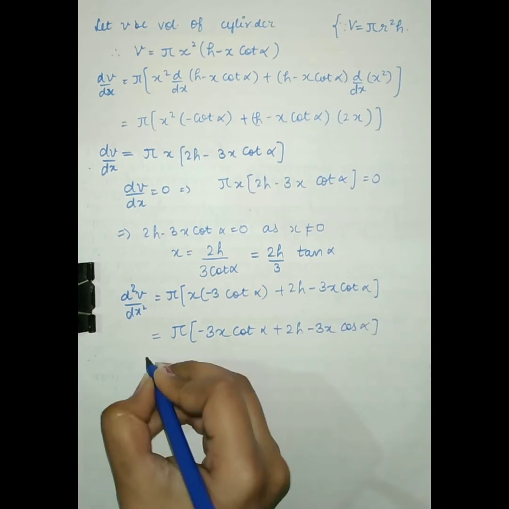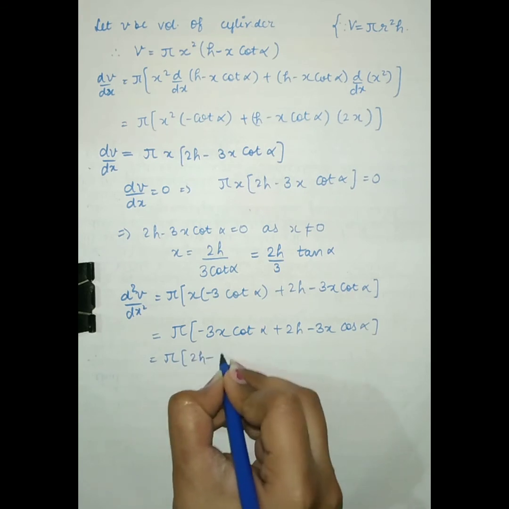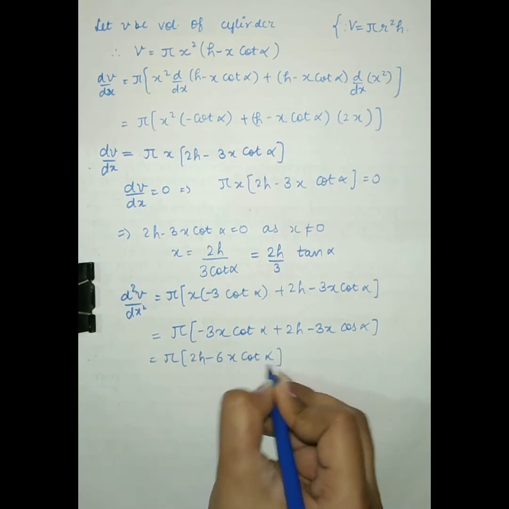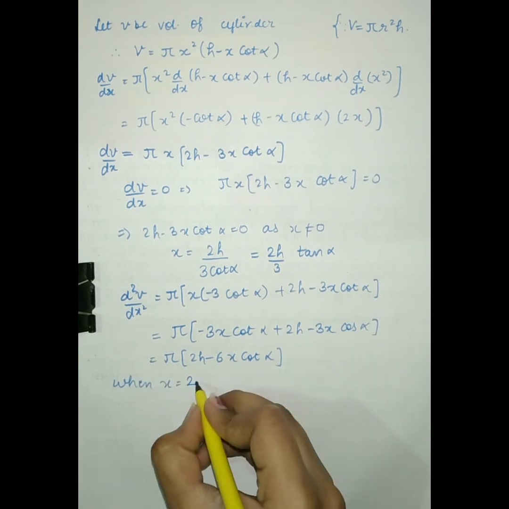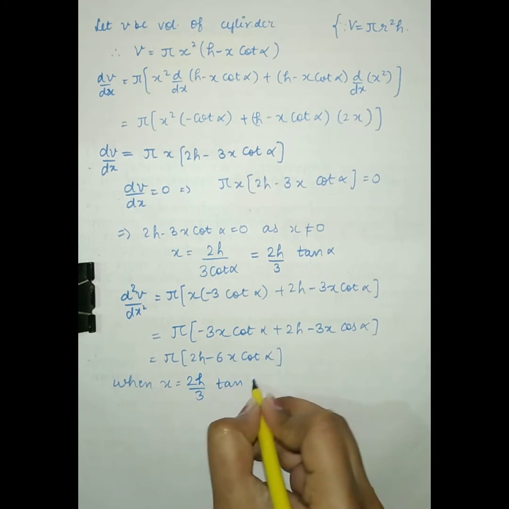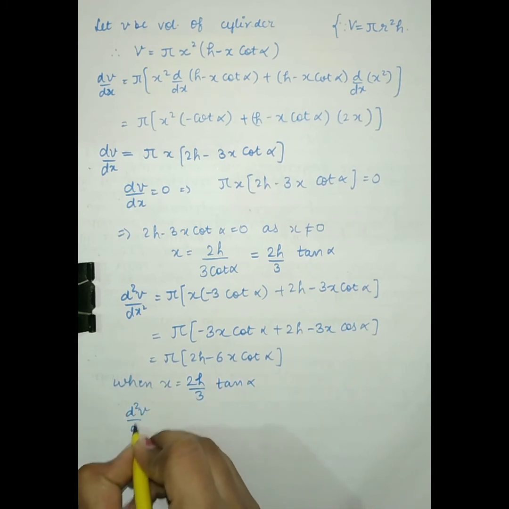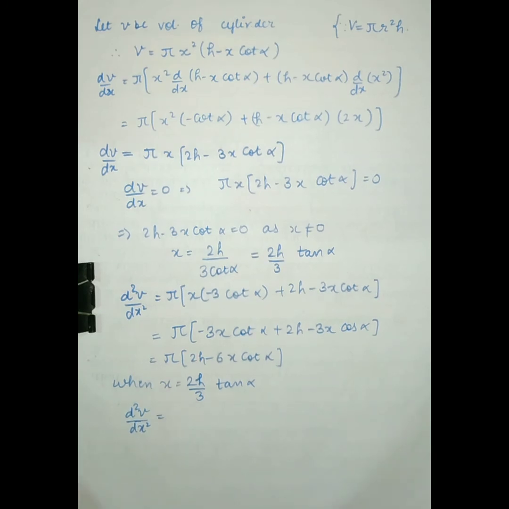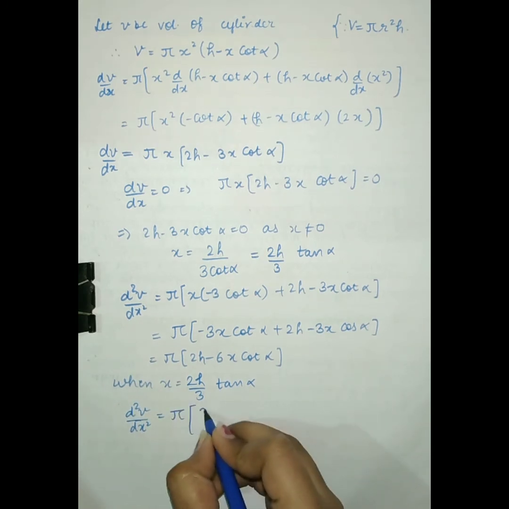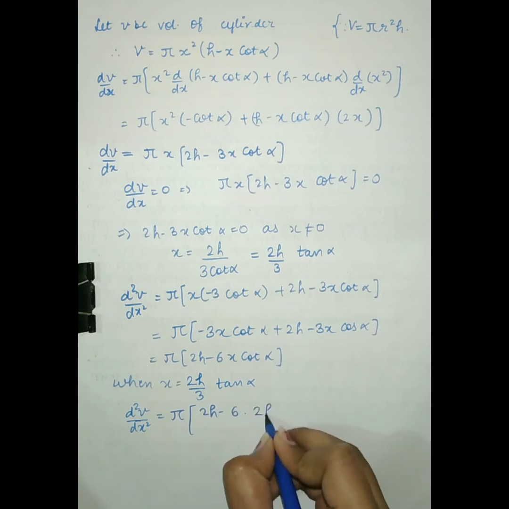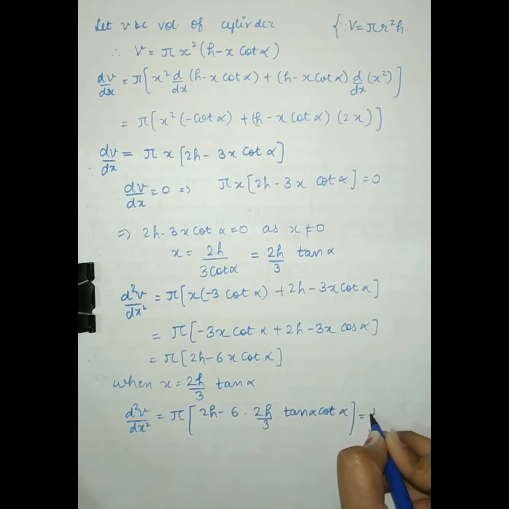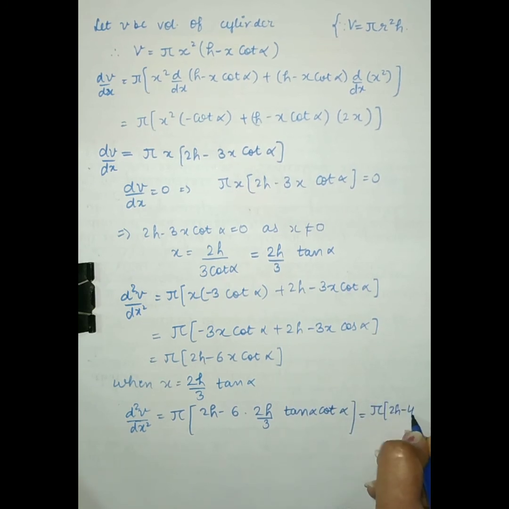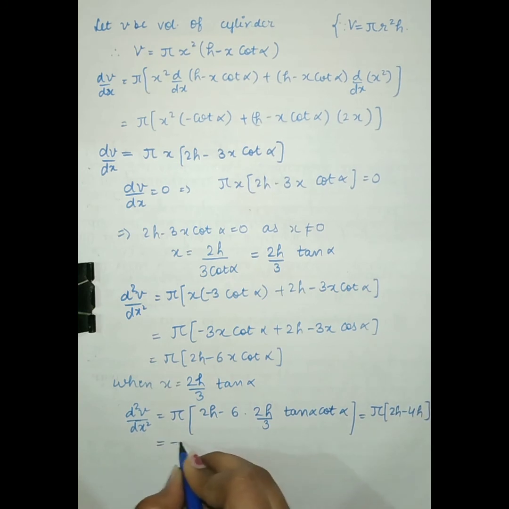That means it becomes pi into (2h minus 6x cot alpha). When x is equal to 2h tan alpha upon 3, d squared V upon dx squared becomes pi into (2h minus 6 into 2h upon 3 tan alpha into cot alpha). That means pi into (2h minus 4h), that is minus 2 pi h, which is always less than 0 because it is negative.